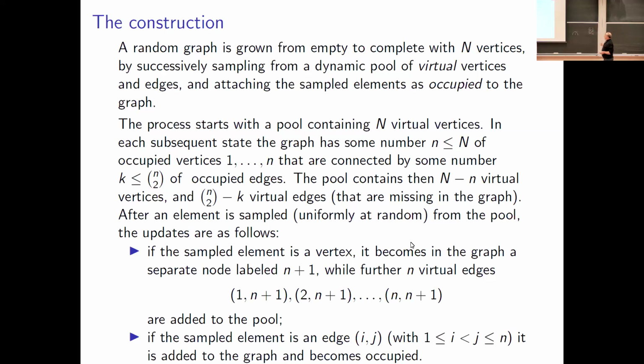And at that state, the pool contains the complementary set of vertices, big N minus little n of virtual vertices, and the complementary number of virtual edges, which could have been added to the already existing graph. So the graph is simple. Everything is simple. Of course, we can consider edges as oriented from bigger label to smaller, but that doesn't really matter.